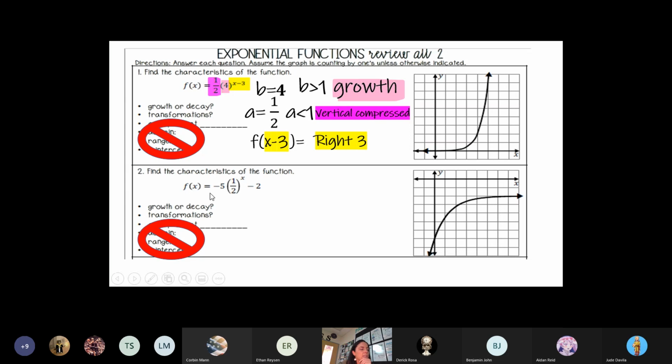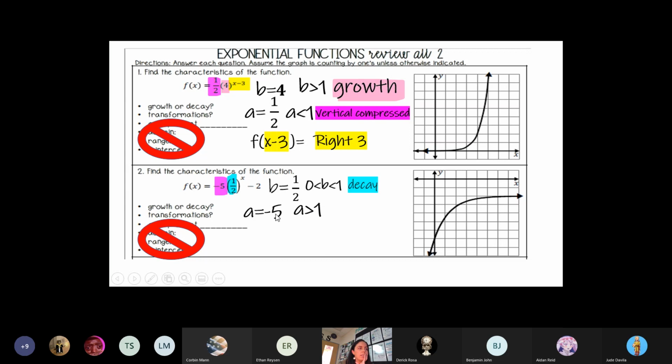Then I'm going to look at number 2. Number 2, I have f of x equals a negative 5 times 1/2 to the x. So my b here is 1/2. It's between 0 and 1. So I have exponential decay. This negative 5 for my a term is going to cause 2 transformations.